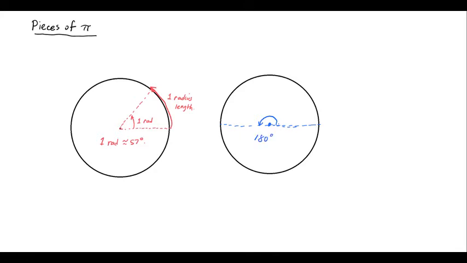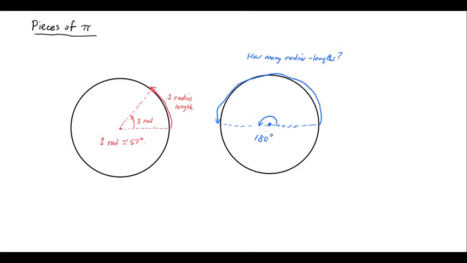But we can also state the measure of this angle in terms of radians. The way that we do that is we measure out how many radius lengths there are along this semicircle. Sorry about the crappy drawing. That's supposed to be the semicircle there. How many radius lengths is this? Well, in the last video, we talked about the fact that a full circumference is 2 pi times the radius.